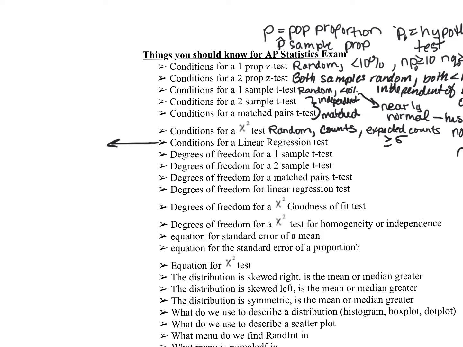Our hypothesis for the lin-reg t-test is there an association, so there's no association is our null. Scatter plot is straight. The spread and the symmetric. The symmetry.